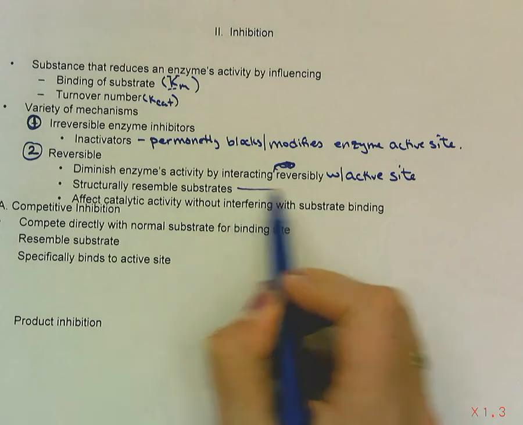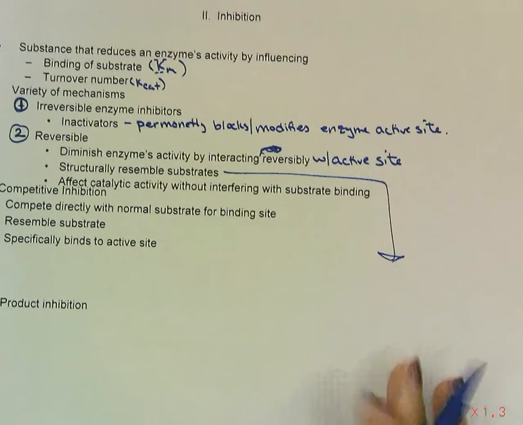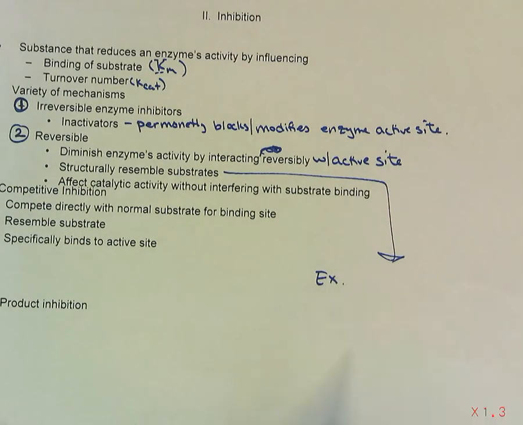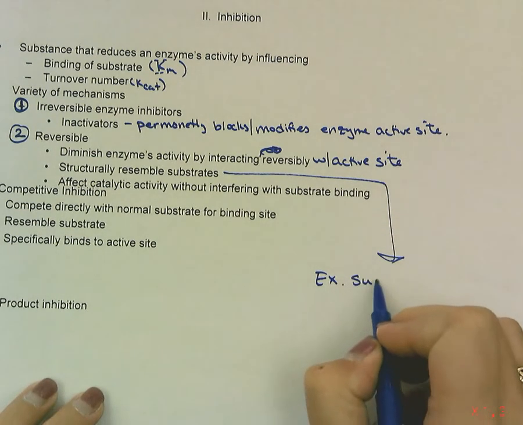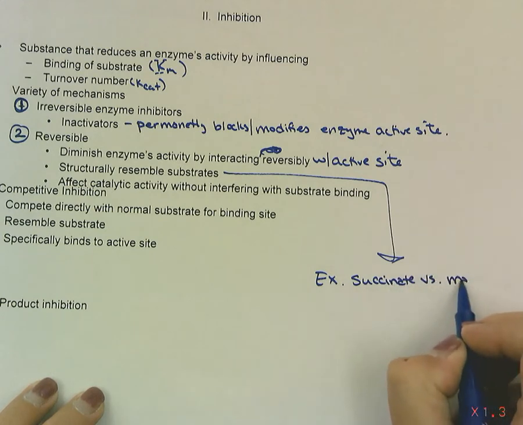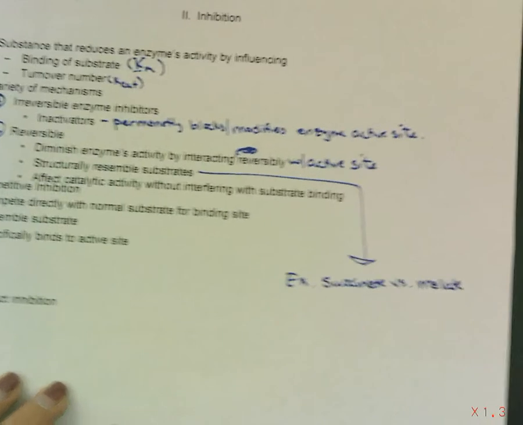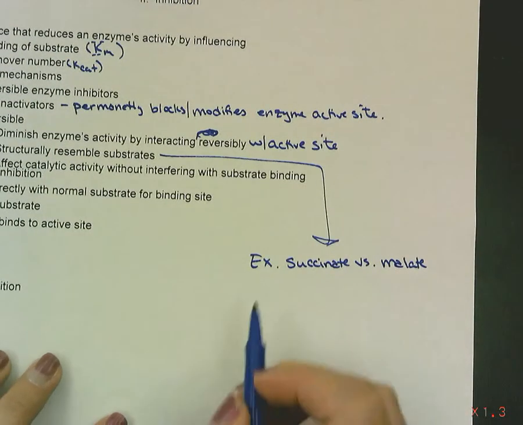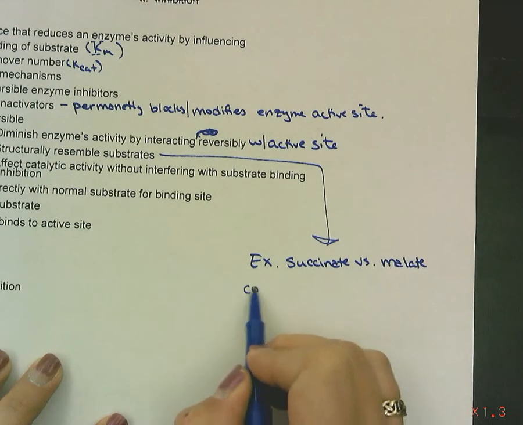So I'm going to do my example over here of this. Succinate versus malate. So succinate has this structure.